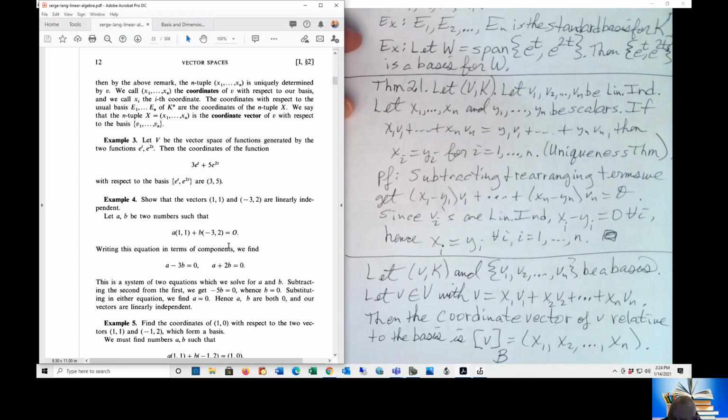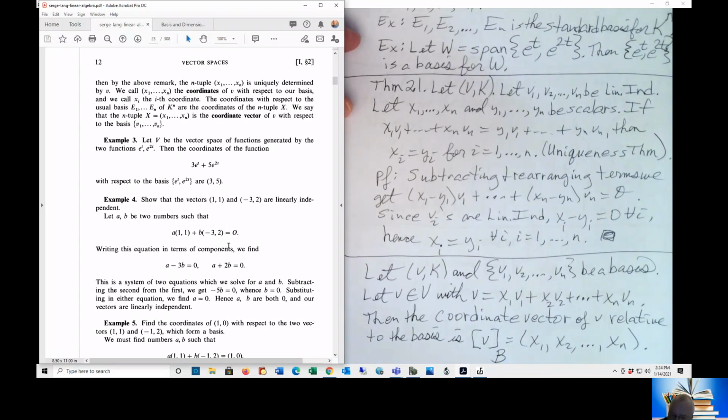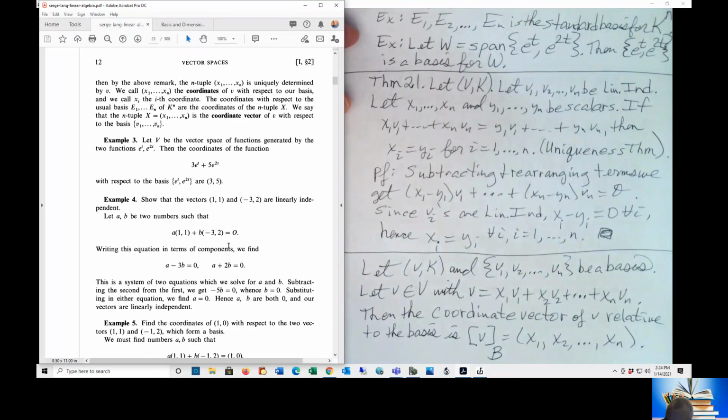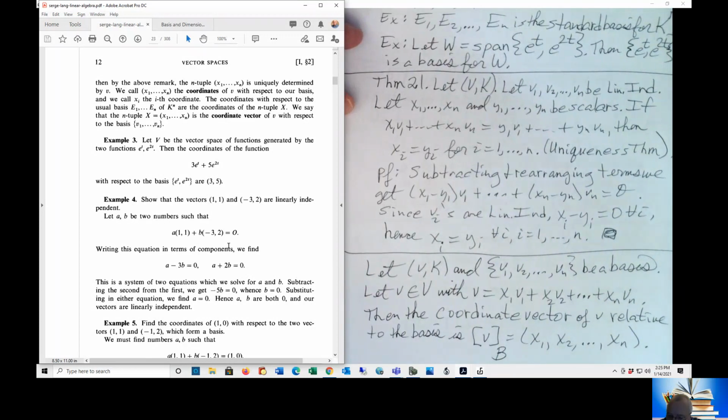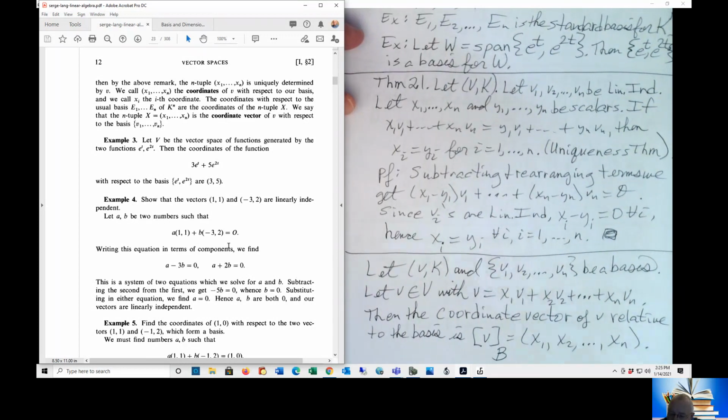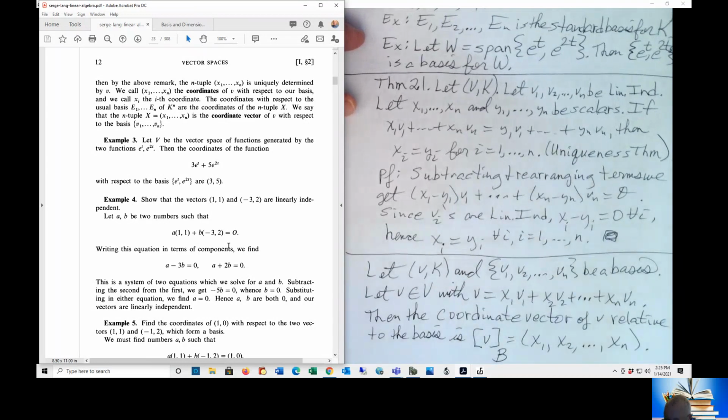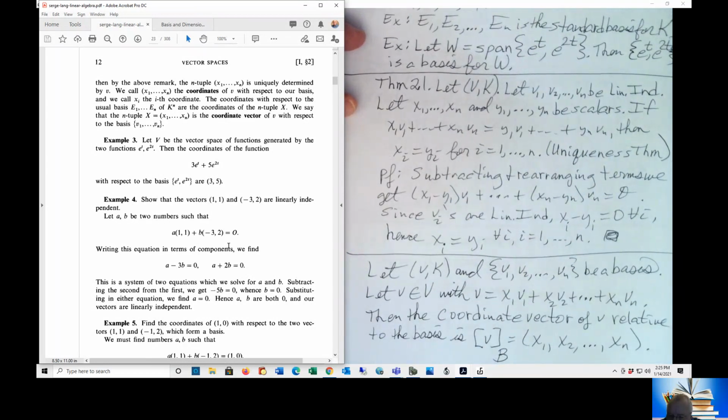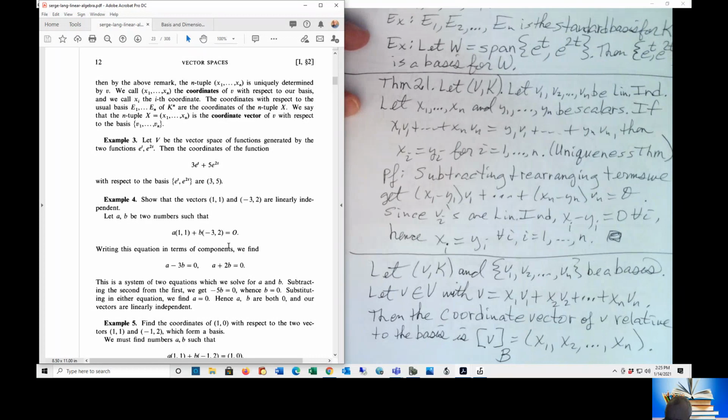Then the coordinate vector of v relative to that given basis B is, and here's my notation for it, square brackets v sub B equals the ordered n-tuple of the scalars x1, x2 through xn.